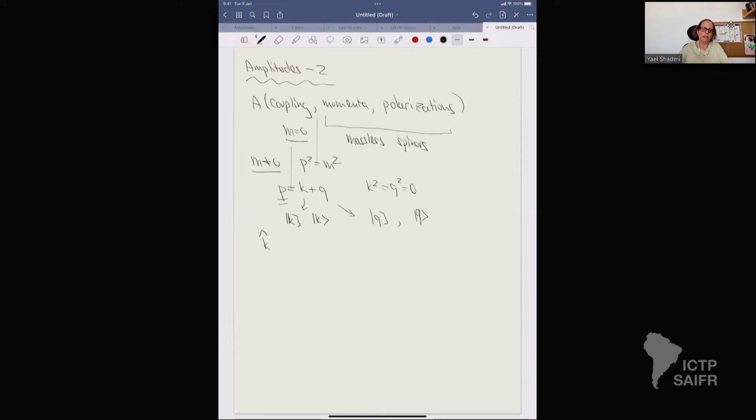The other thing that we know is that (K plus Q) squared is equal to m squared, and that's equal to 2K dot Q. So everything is really fixed. Once we choose the direction of K, everything is completely fixed.